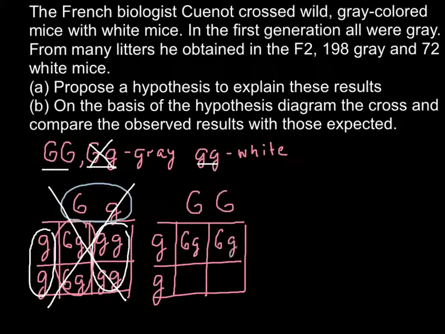So here we would have capital G, small g in each cell, and phenotypically all this progeny would be gray colored, so 100% would be of the gray color.